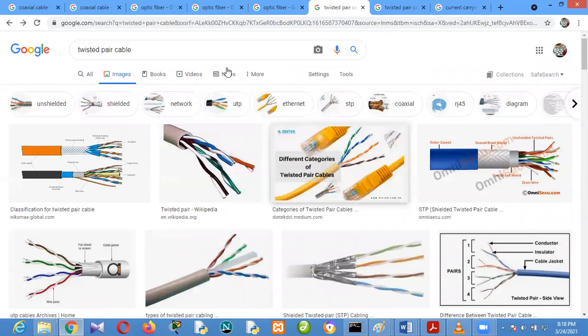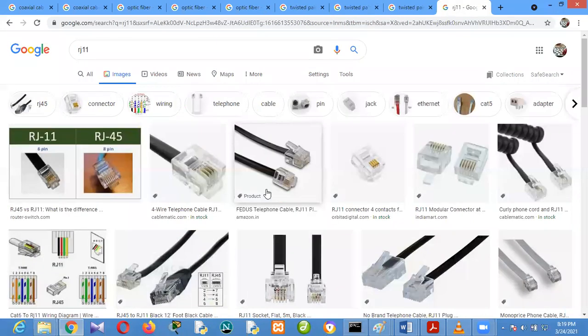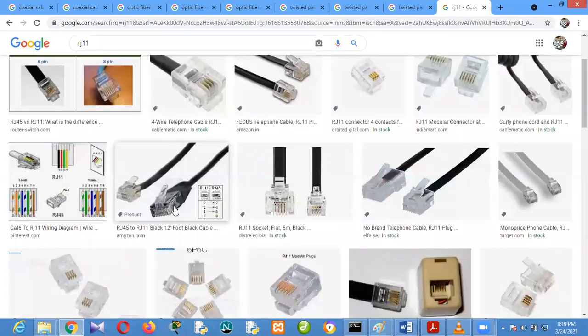See the way it looks like. You can carry four pairs, but RJ11, it's almost like RJ45, but it's tiny, it's smaller. Look at it. It's the one that we use on the phone.